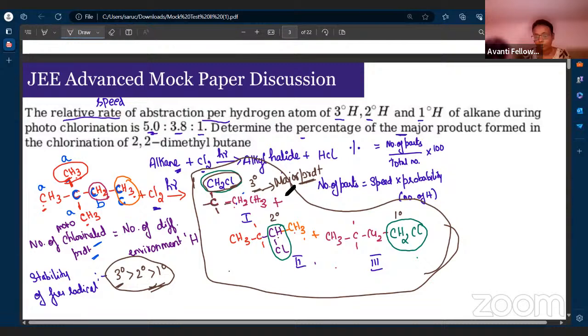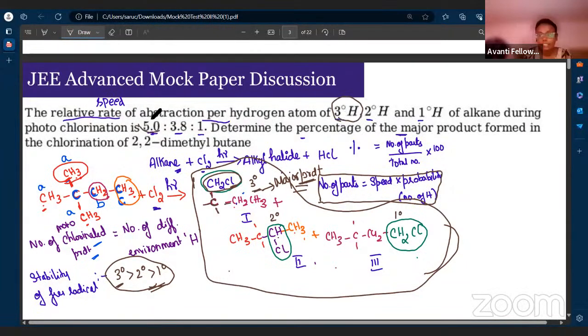Yes. So now this is your major product. Now what you have to do is determine the percentage of 2,2-dimethylbutane. So for it, what I have told you, you have to calculate the number of parts, which is the probability of hydrogen. And here for 3-degree hydrogen, it is 5.